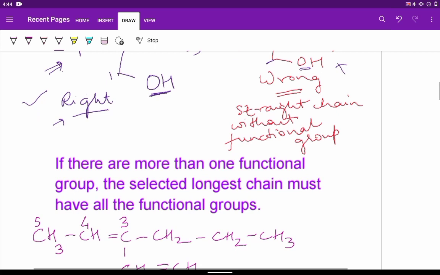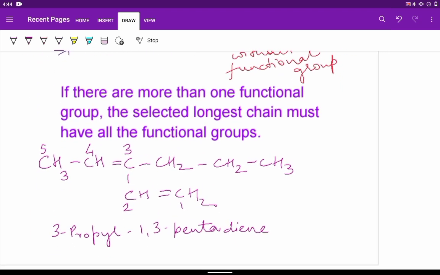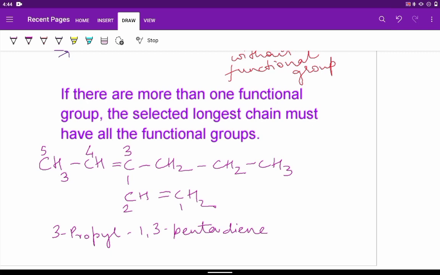Next, if there are more than one functional group, the selected longest chain must have all the functional groups. As we can see in this structure, I have already numbered 1, 2, 3, 4, 5. I am starting from this end, because if I start by chance from the other end, we will miss the double bond which is present between carbon number 1 and 2.